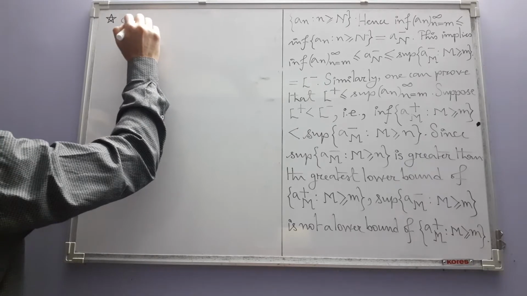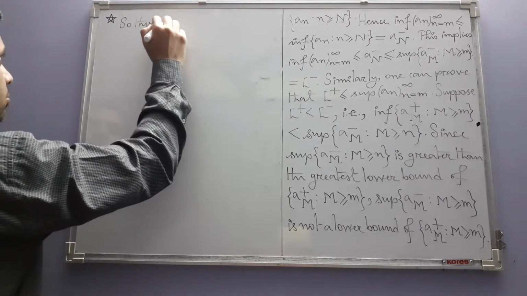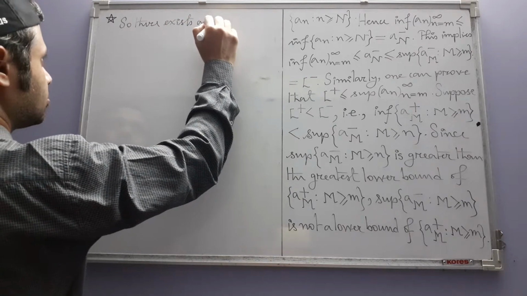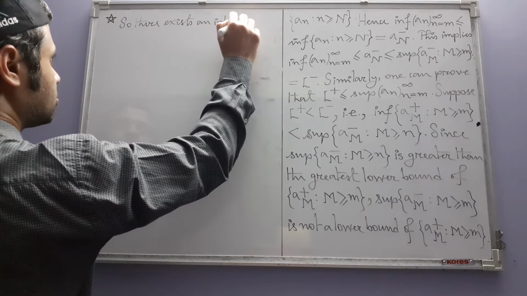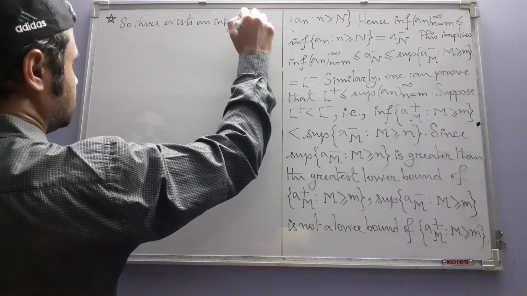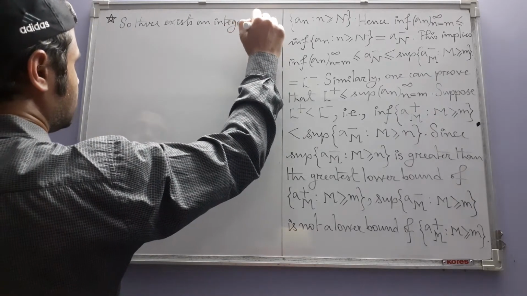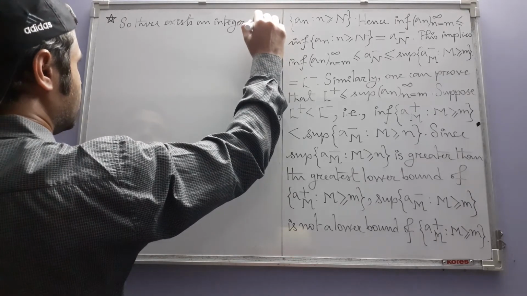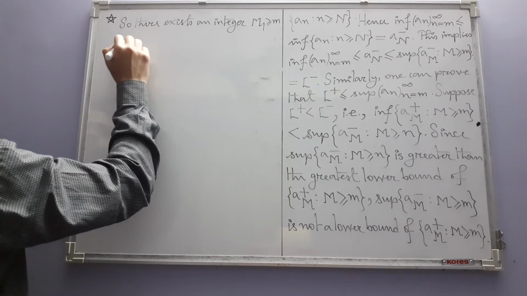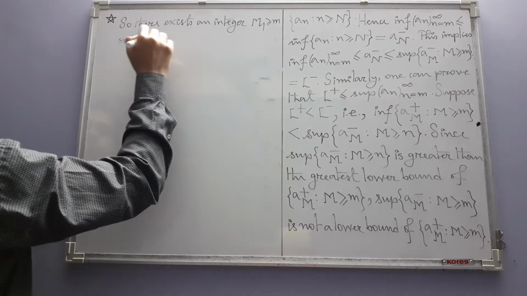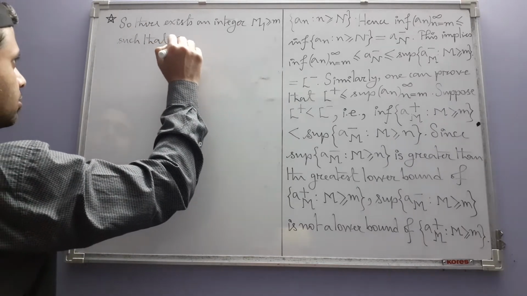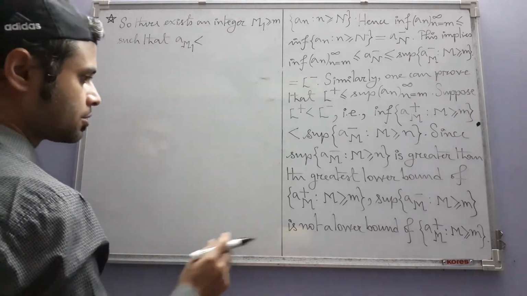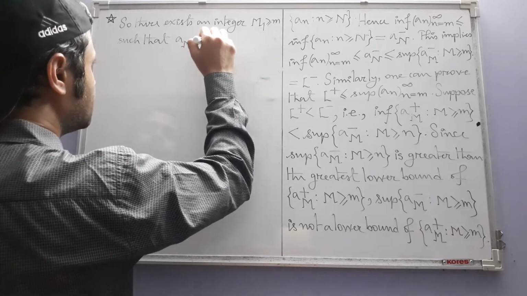So there exists an integer, say m1, greater than or equal to m such that am1 is strictly less than this supremum.